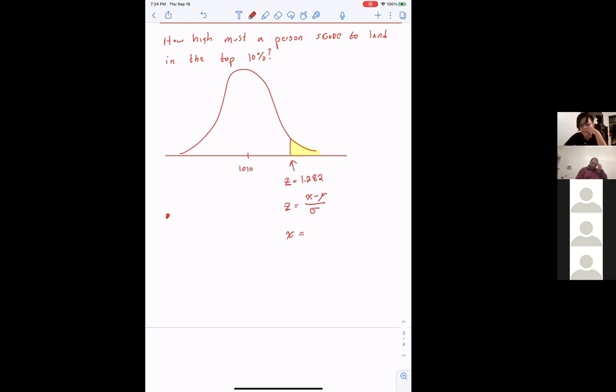Z times the standard deviation, plus mu. Plus mu, yeah. I'm just going to write it a little differently, but yes. The standard deviation times z plus mu. So let's go ahead and compute it with our numbers. What do I get?